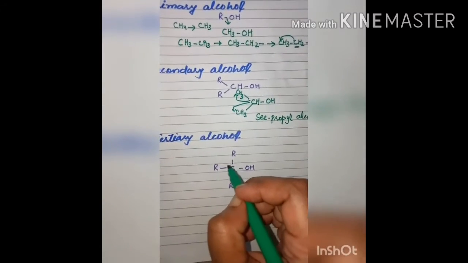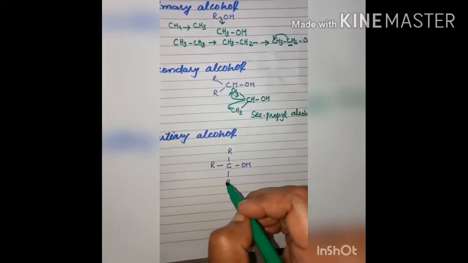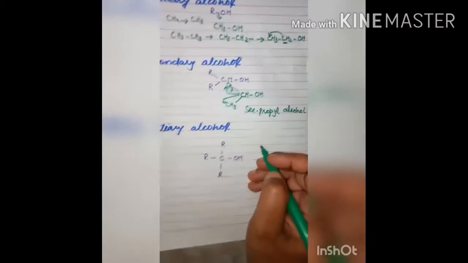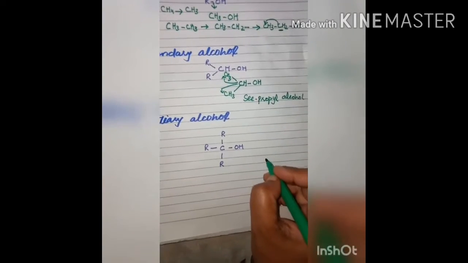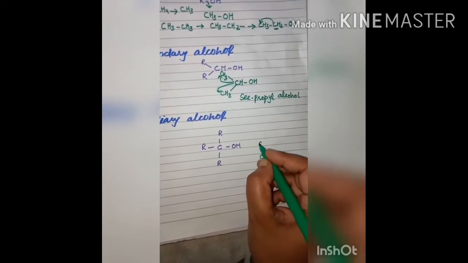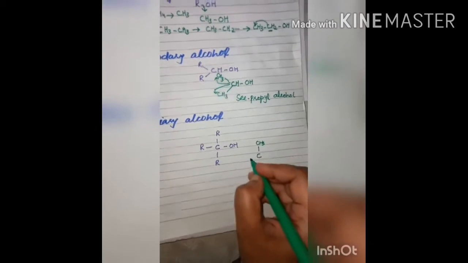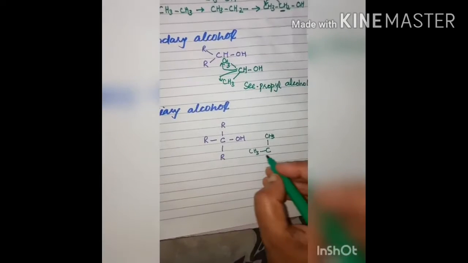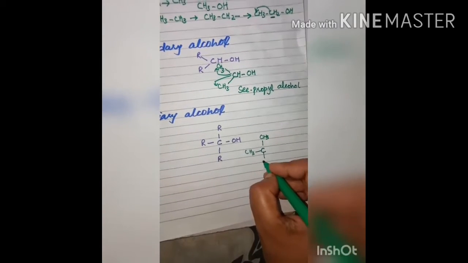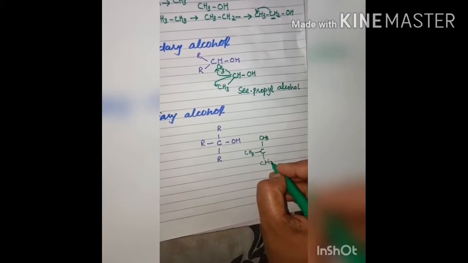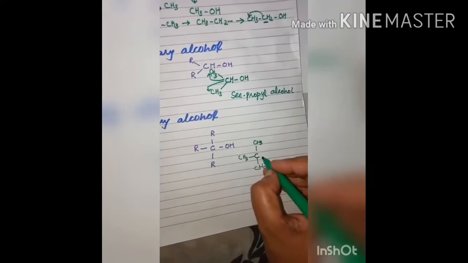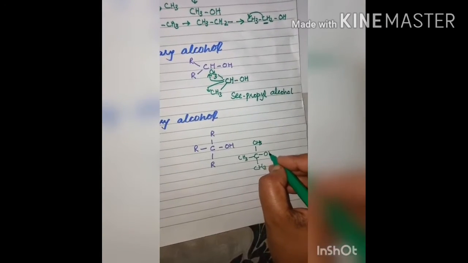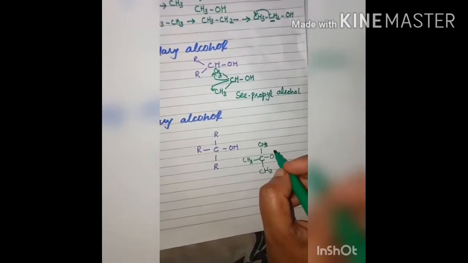Now see the tertiary. The general formula with this carbon atom, the three alkyl radicals may be. So now the formula of this will be CH3 for these R groups, CH3 and then one more CH3, with OH. Now tell which type it is.